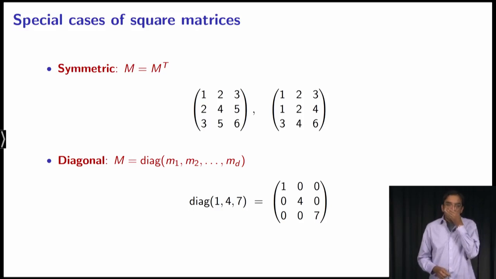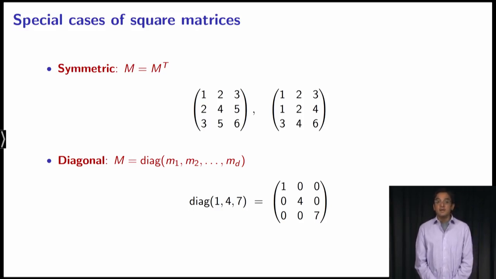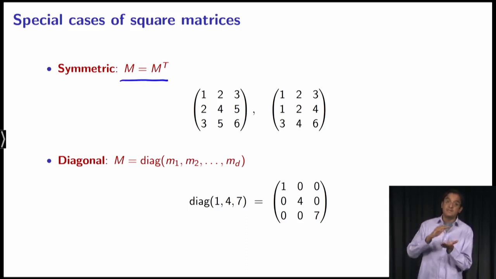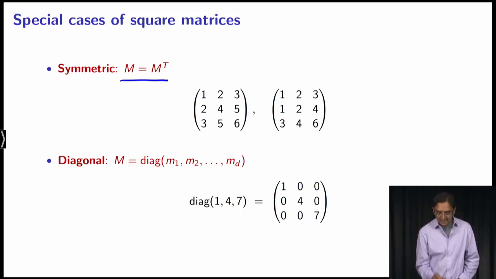So we've been talking about square matrices. A special type of square matrix is one that is symmetric, one that is equal to its transpose. What this means is that the matrix remains the same if you reflect it in the diagonal. Here's an example of a symmetric matrix.